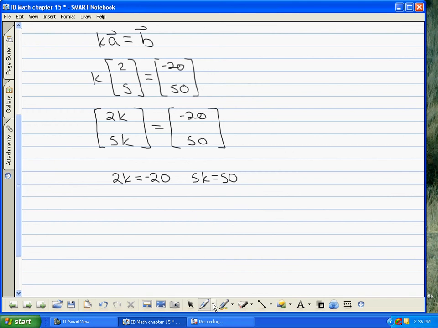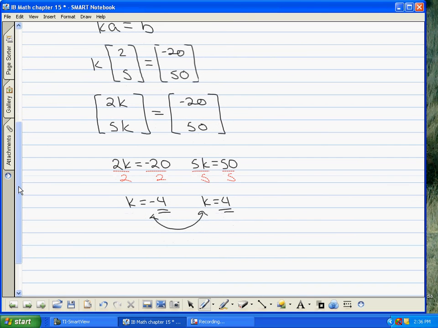If I solve for k using basic algebra, divide by 2, and over here I divide by 5, I get k equals negative 10, and right here I get k equals 10. Notice I have two different values for k. Since it's not the same value, we say that vector A is not parallel to vector B.